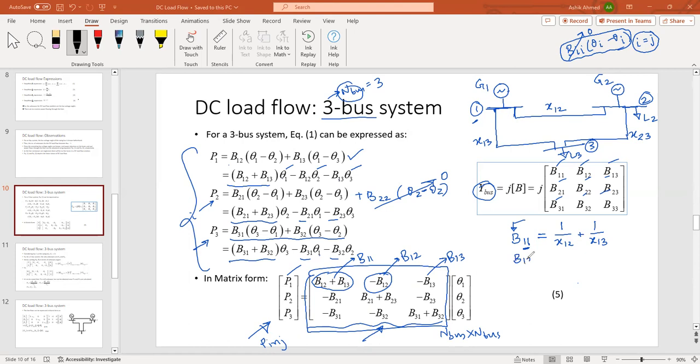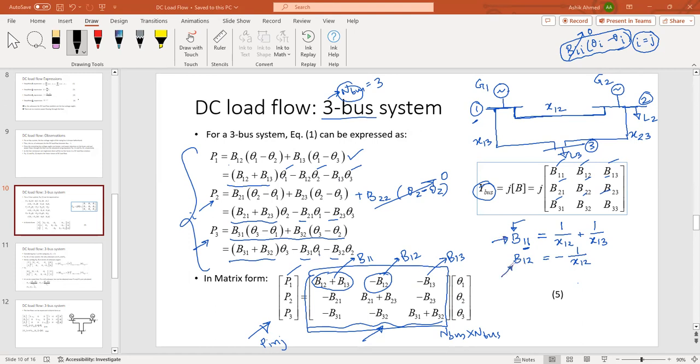Then what is B12? B12 is simply I have to take that line which is present between bus 1 and bus 2, which is this line. And then I have to take a minus, and I have to take the inverse of the reactance of this line. So simply this is B12. So these are off diagonal entries. This is diagonal entry. These are off diagonal entry.